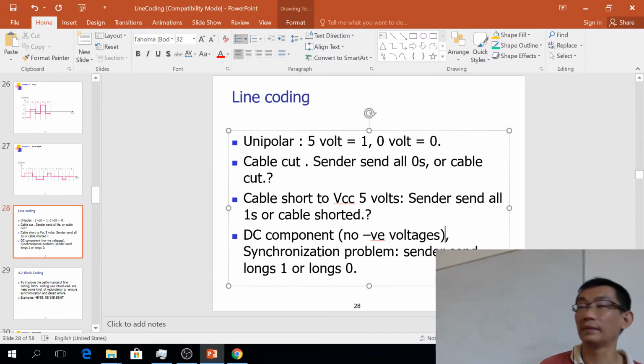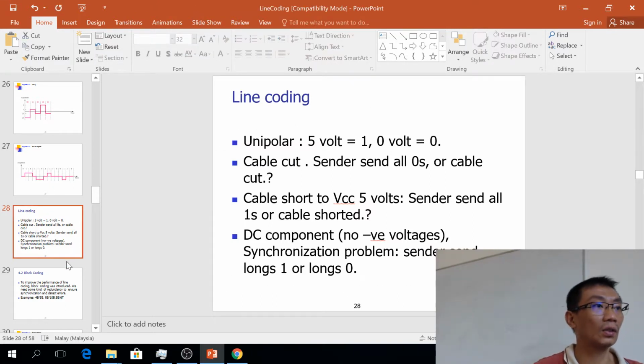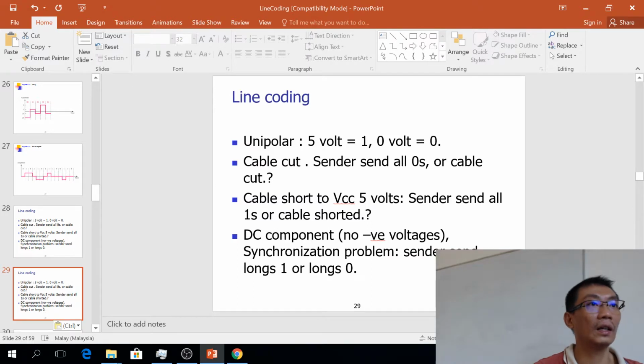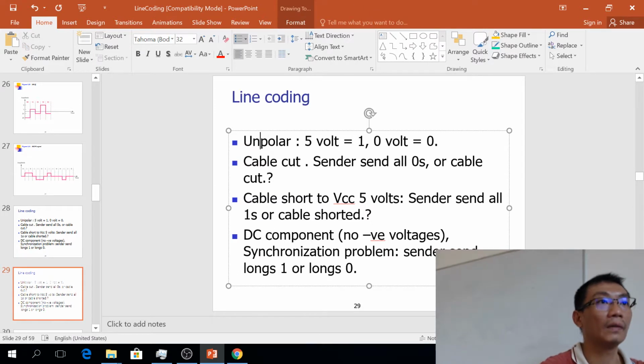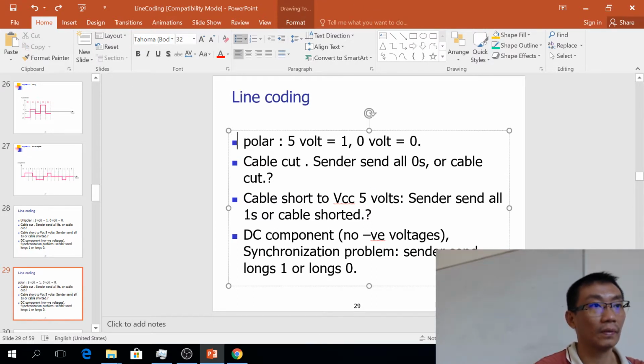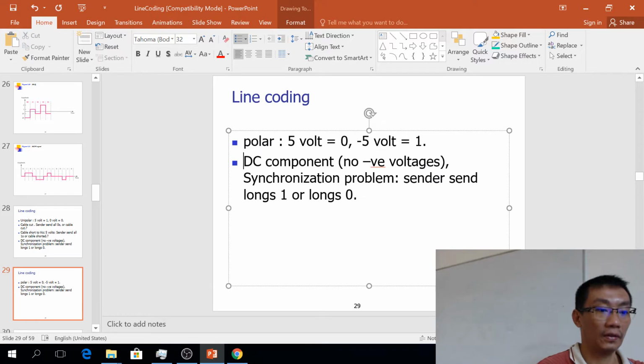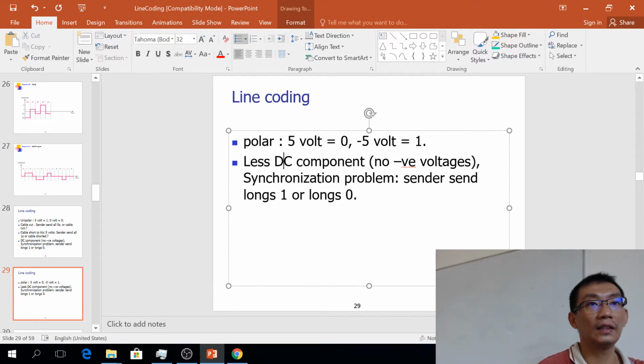Then you have, let's say, polar. So you have, let's say, 5 volts and negative 5 volts. In this case you have less DC component.